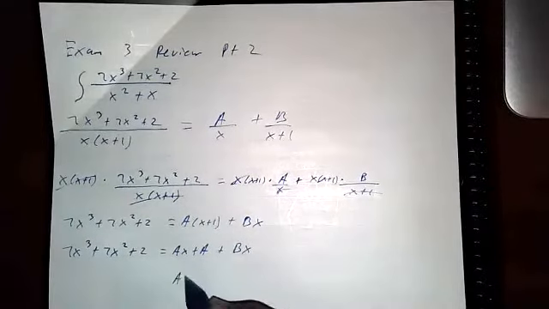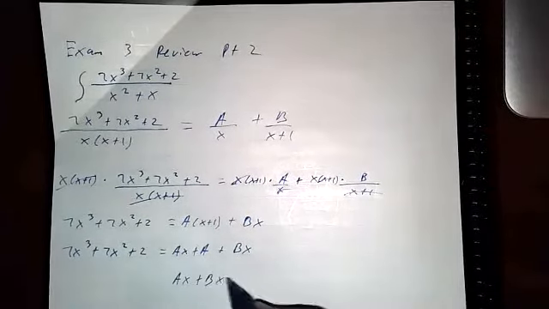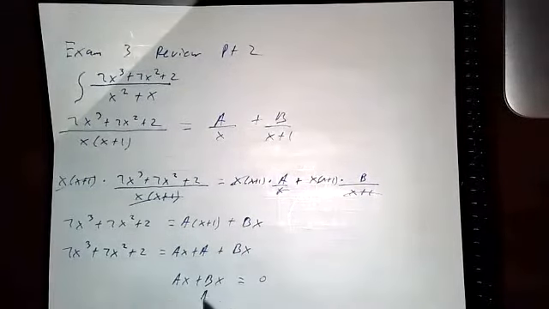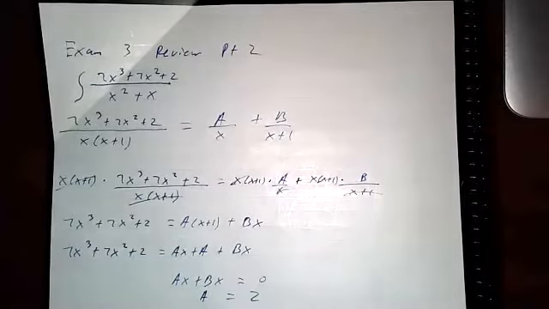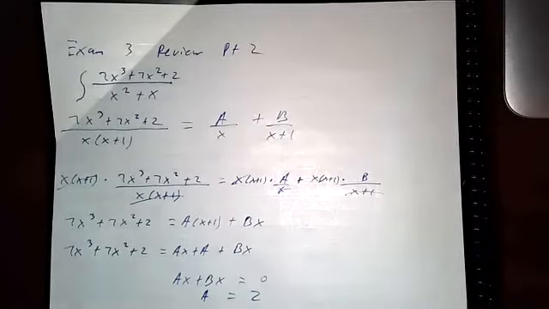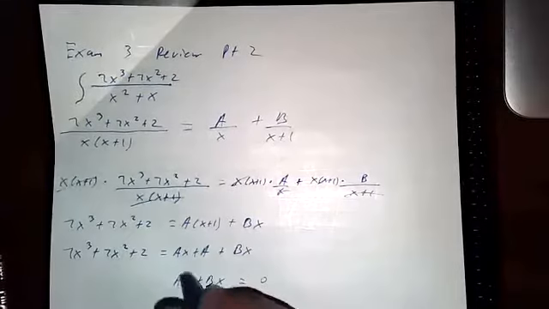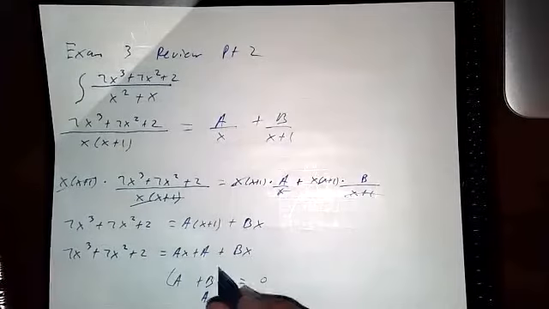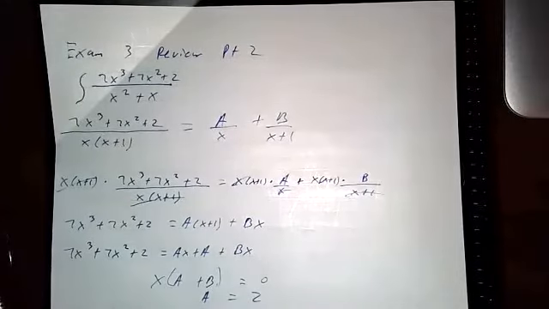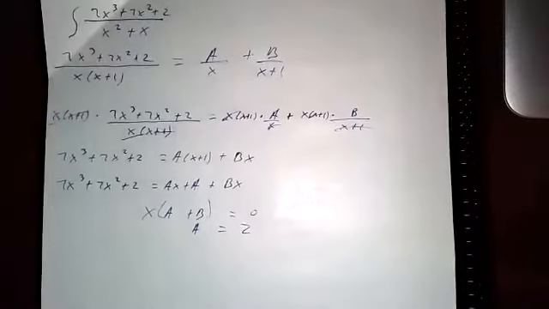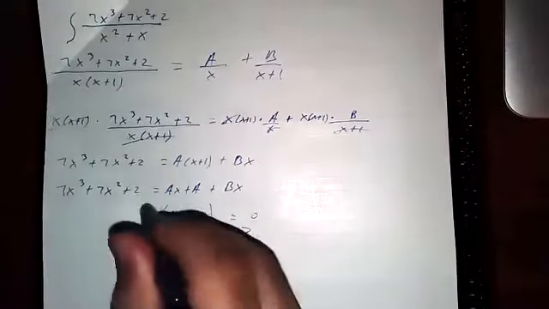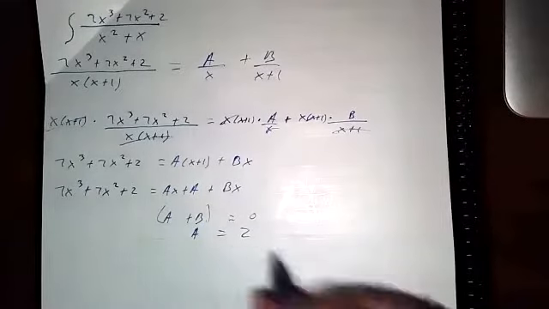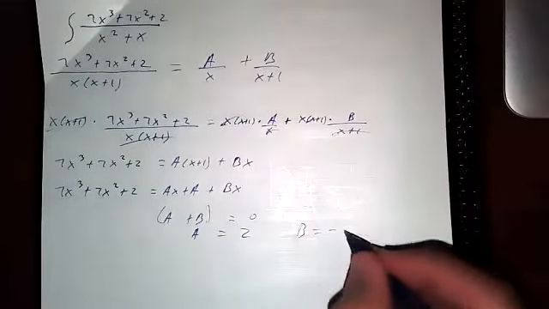So ax plus bx equals, there is no x there, and a is equal to 2, which is the constant. We don't really need the x though, but these are the x terms. The way we should think about it is that these are the coefficients and then there's an x here. But after a while, we just worry about this. So a is 2, then b has to be negative 2, right?